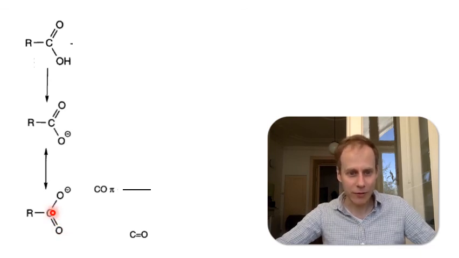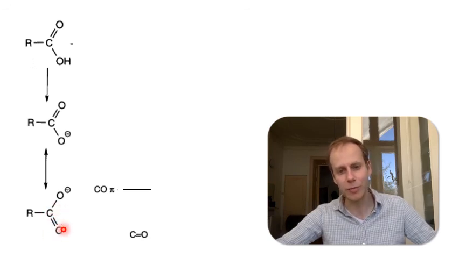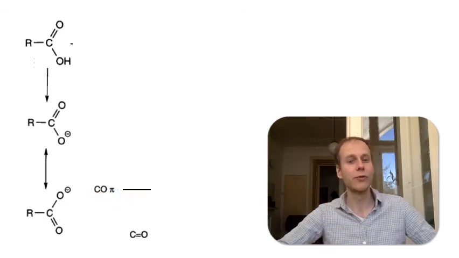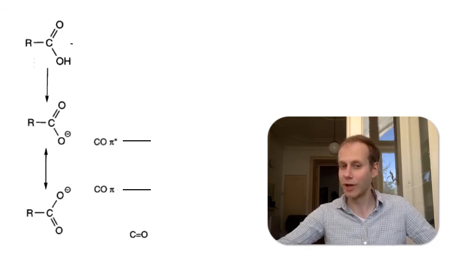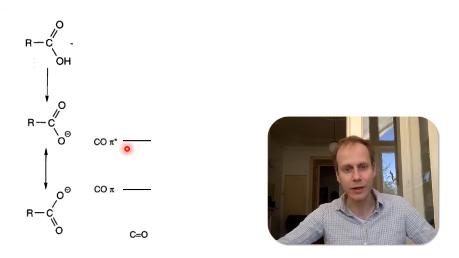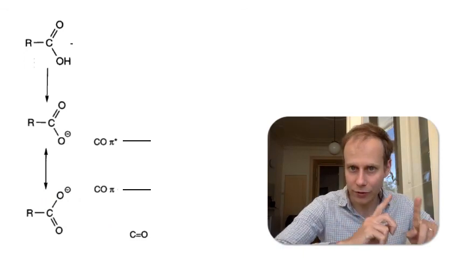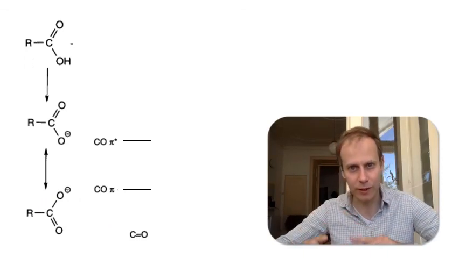Carbon has one atomic orbital, a p orbital, and oxygen has a p orbital, and these two p orbitals combine to form a pi orbital. But since two atomic orbitals form two molecular orbitals, we also have a pi antibonding molecular orbital that forms from the combination of two atomic p orbitals, right? So this is always the rule. Two atomic orbitals form two molecular orbitals.